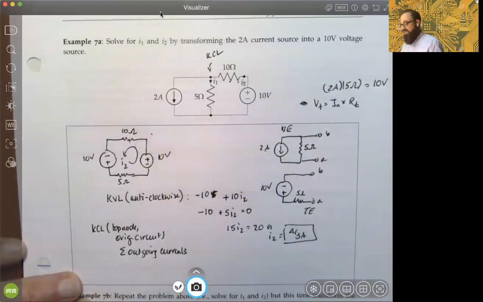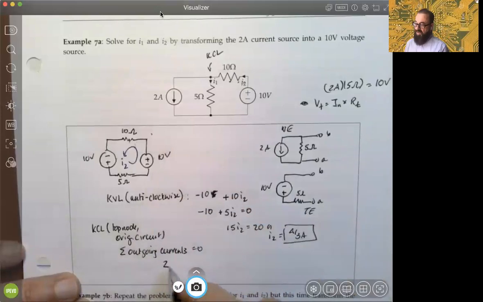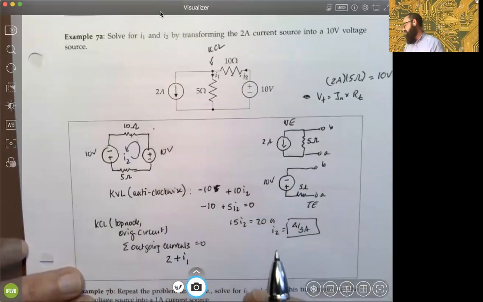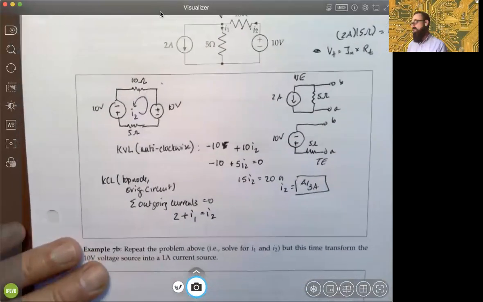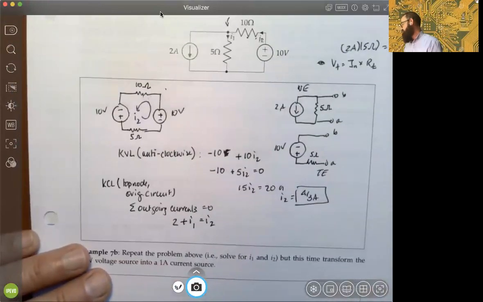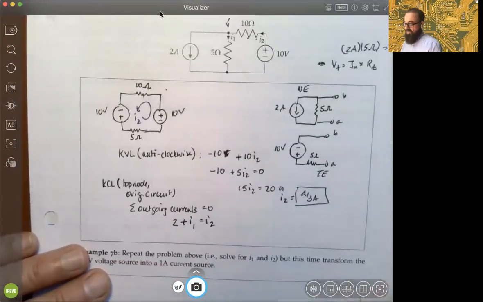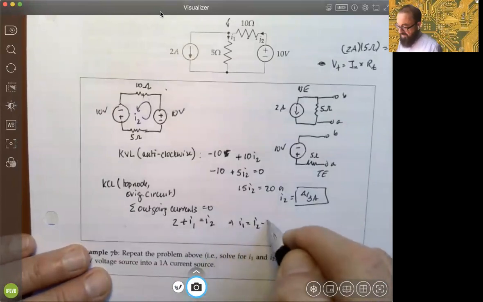So if we do the sum of the outgoing currents is equal to 0, then we have 2 going out, we have I1 going out, and we have I2 coming in. So this would have to be equal to I2. We're trying to solve for I1 here, so I1 is equal to I2 minus 2.